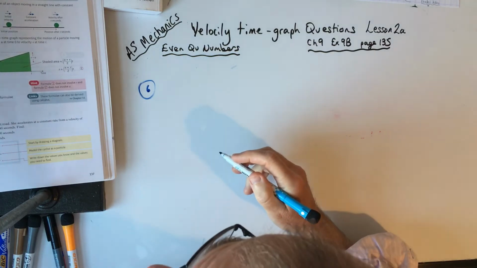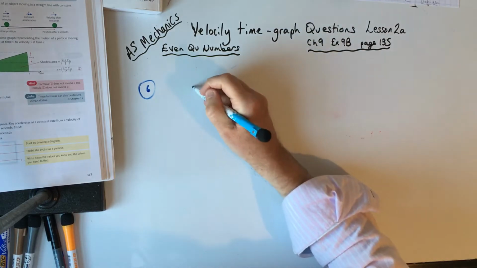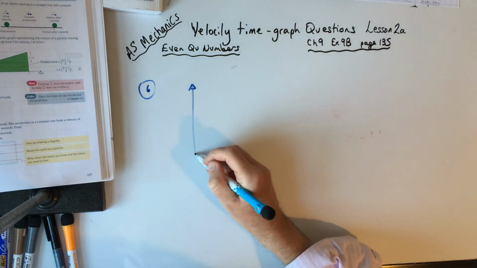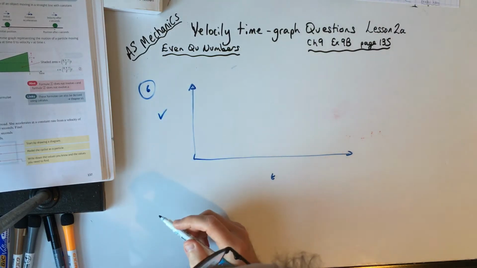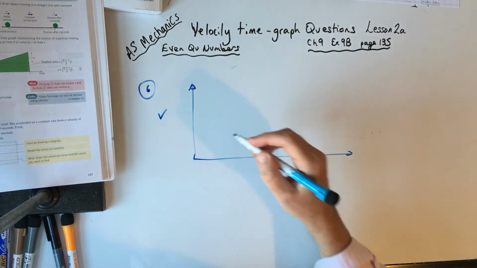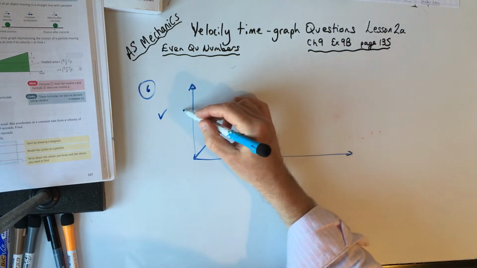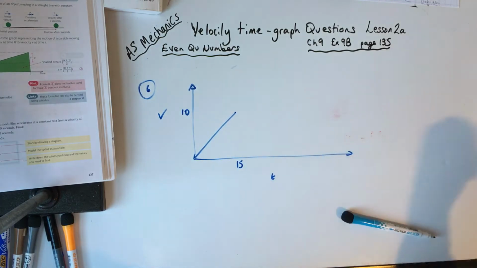So number 6, a particle moves along a straight line. We're going to go again, aren't we, here? T and V. The particle accelerates from rest to a velocity of 10 meters per second in 15 seconds. Okay, so this is 10 and that's 15.